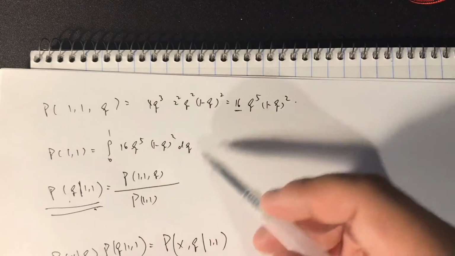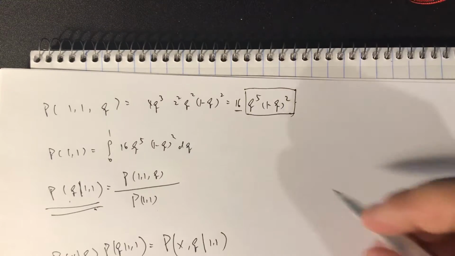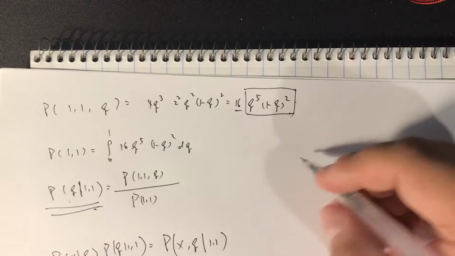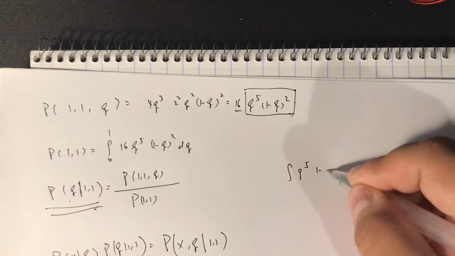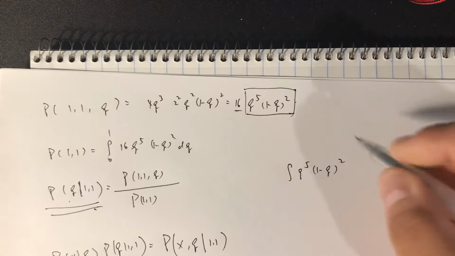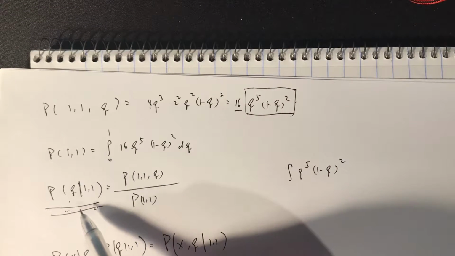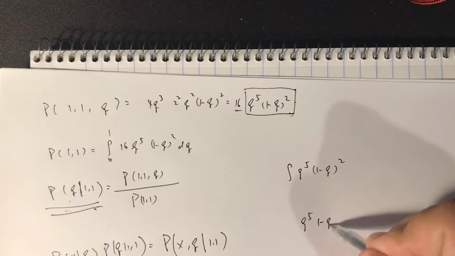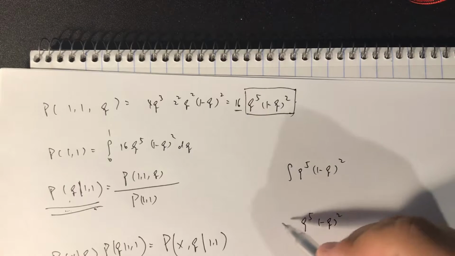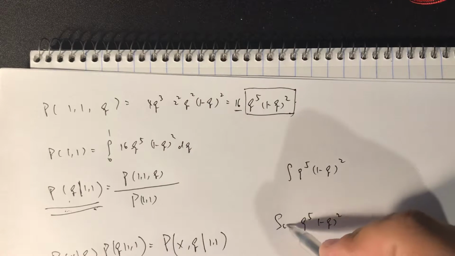Then we can also discard this, and we only look at this algebra, and we take the integral of this. So this probability is composed of q^5 (1 minus q)^2 times some scalar.